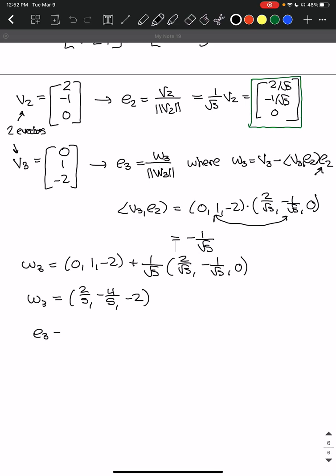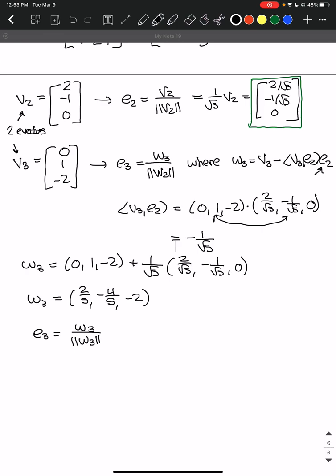So E3 is equal to W3 over the norm of W3. The norm of W3, not super fun, but it's the square root of 14 over 5.